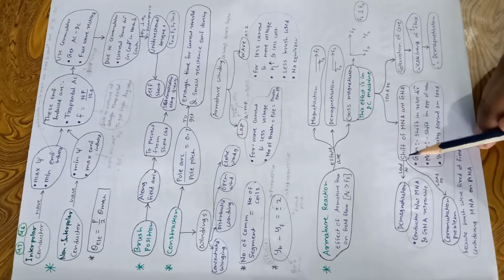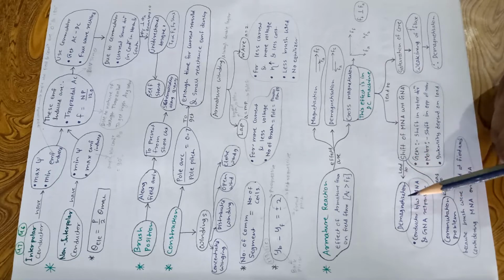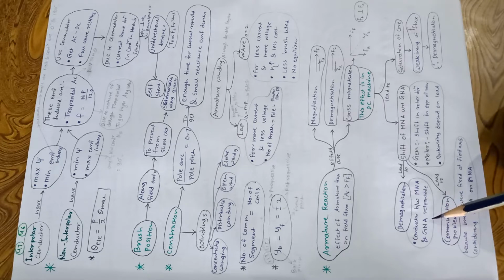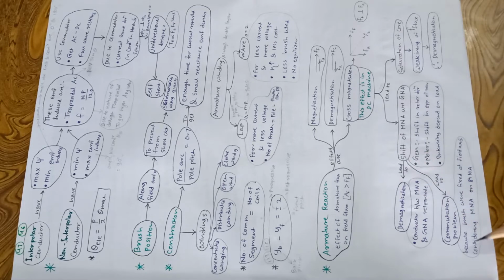And due to this shifting, demagnetization will occur, because conductors between MNA and GNA are responsible for demagnetization. Also it leads to the commutation problem, because brushes were fixed at the field axis considering MNA is on the GNA, but MNA has shifted.